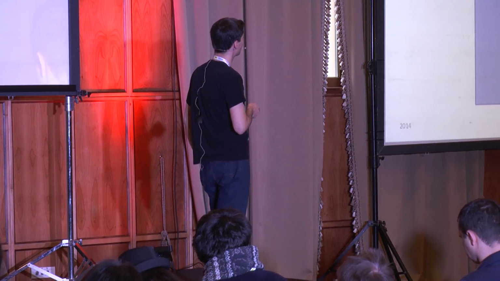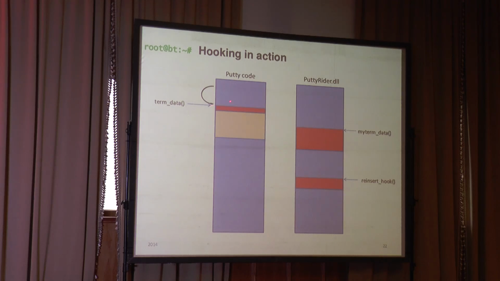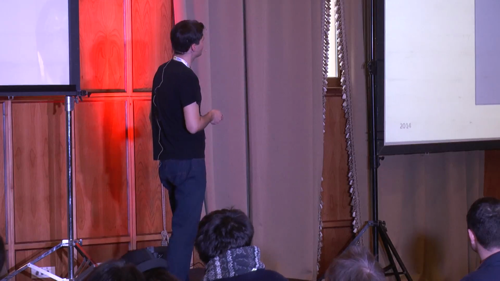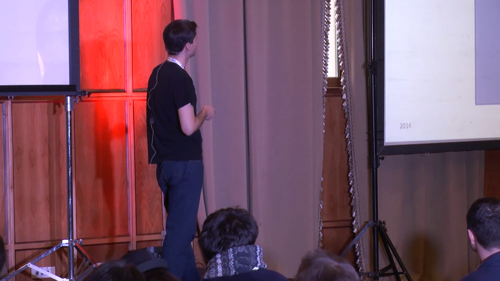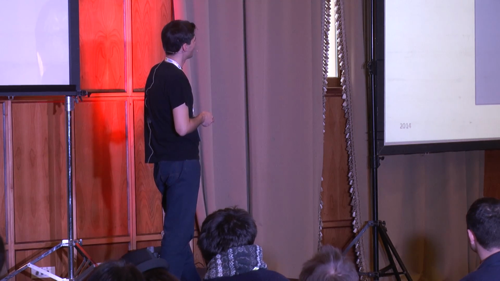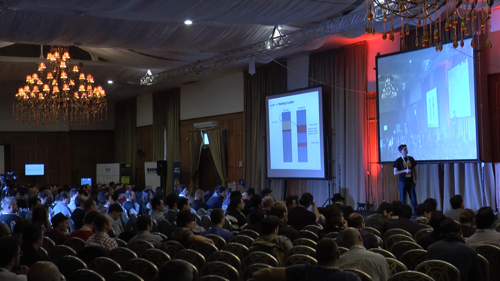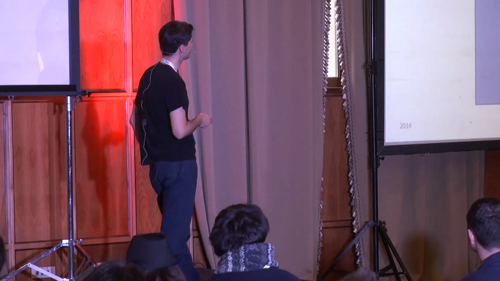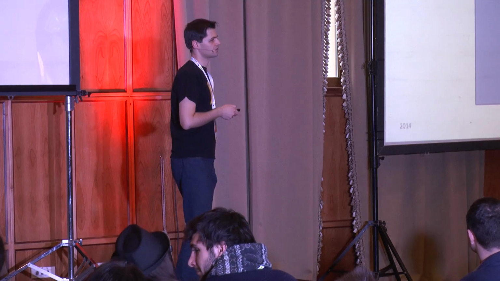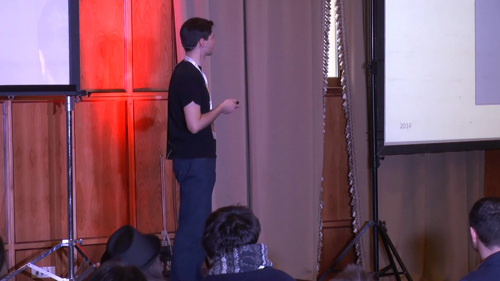The red here is actually the jump that I told you about previously. So the Putty code comes here, then because of the jump, it will jump to my handler. Okay? Then my handler will restore the legitimate function code, modify the return address of the legitimate function, and do something with the data. Actually, it will send the data to the attacker or put it in a file or do something else with it.